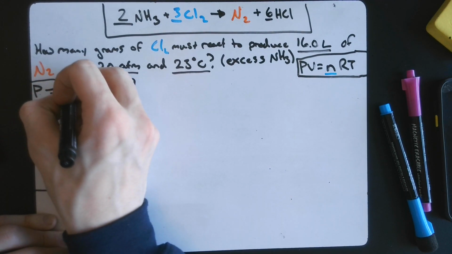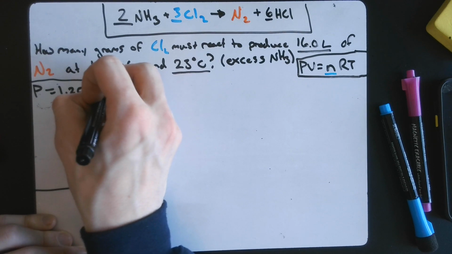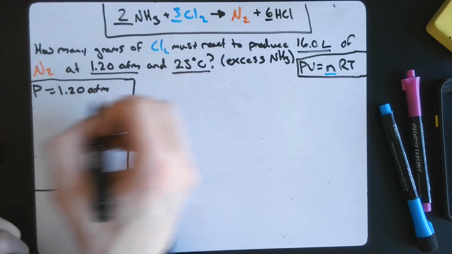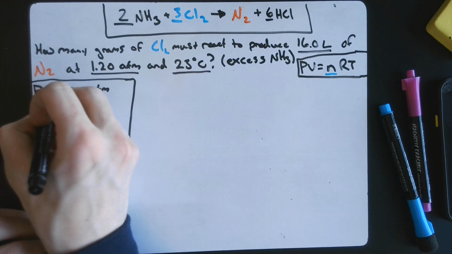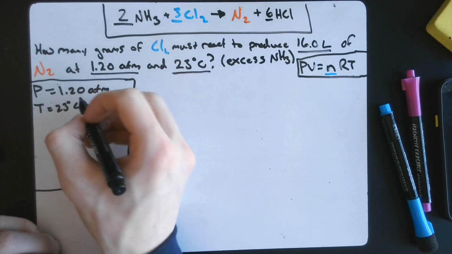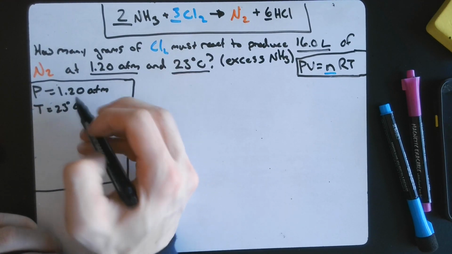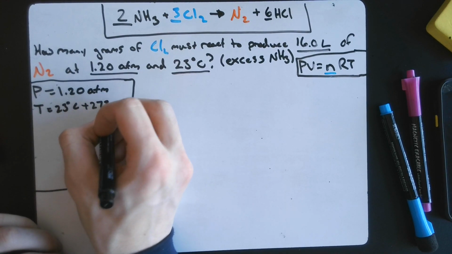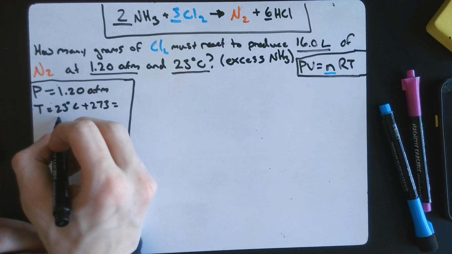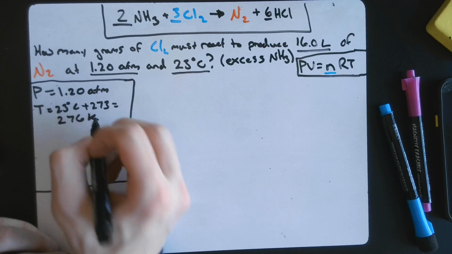Pressure is 1.20 atmospheres. Our temperature is 23 degrees Celsius. Now, just to save us all time here, I'm going to convert this to Kelvin by adding 273, and that gives you 276 Kelvin.